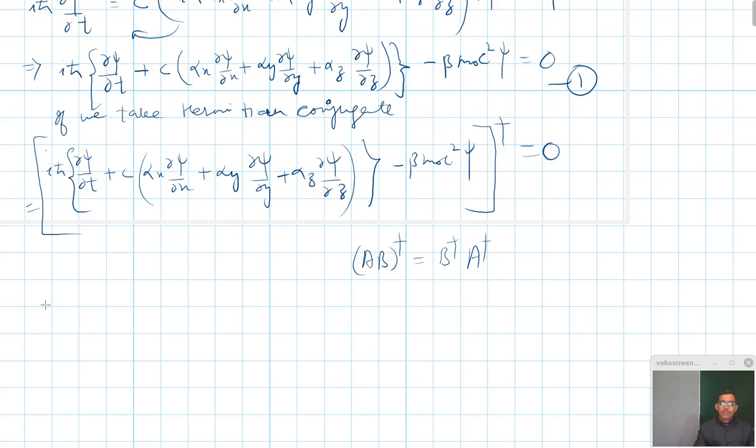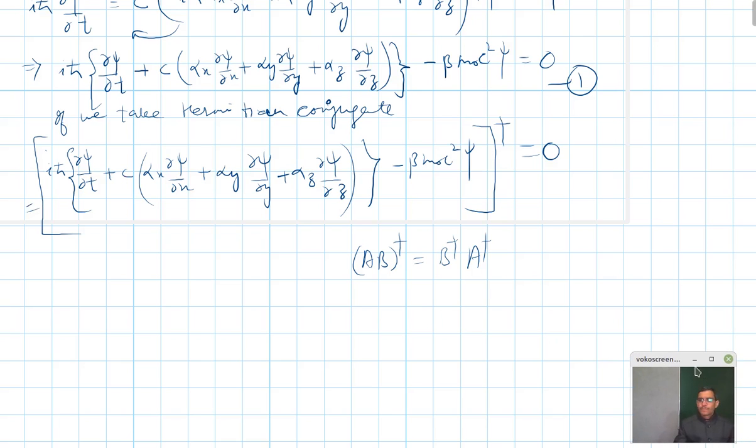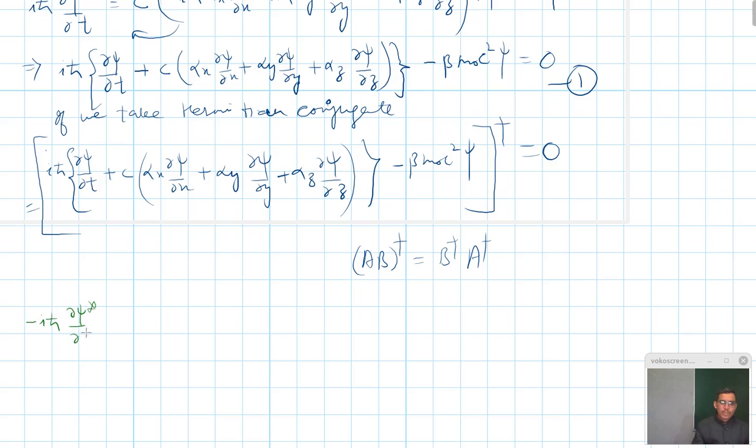If I apply this, then this equation can be written as minus iota h cross curly psi dagger over curly t plus c times curly psi dagger over curly x alpha x dagger plus curly psi dagger over curly y alpha y dagger plus curly psi dagger over curly z alpha z dagger, right?